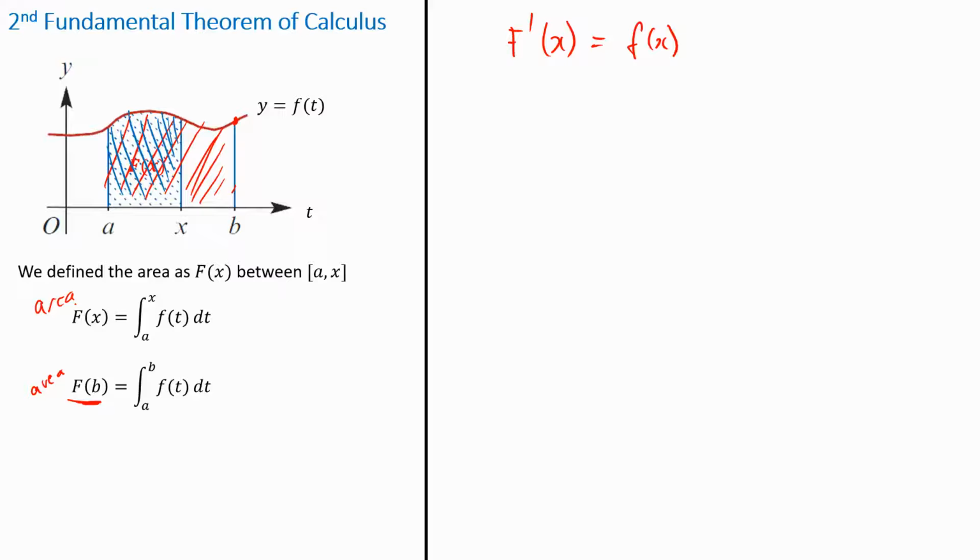So if you then said, well, what if I took f of b minus f of x? If I got f of b minus f of x, what are you really saying? Visually, you're saying take the red area minus the blue area, and you're left with this green area.